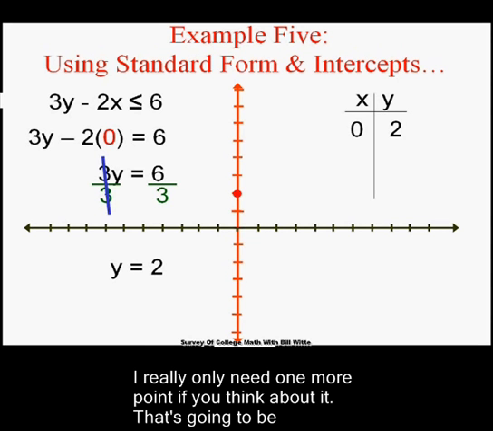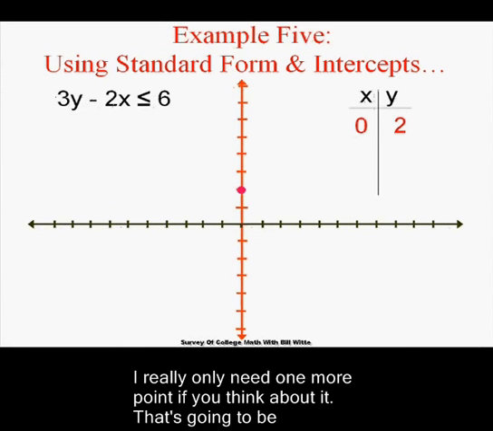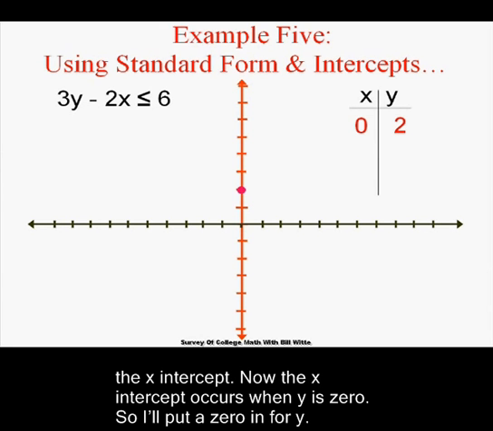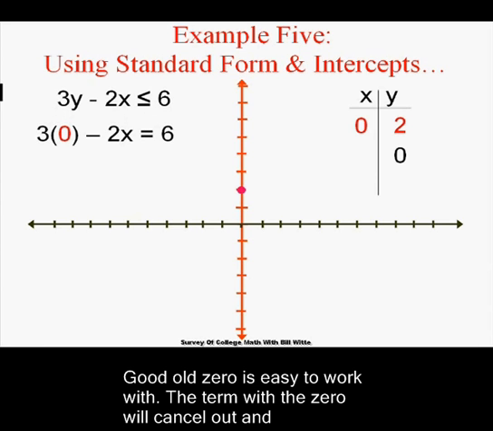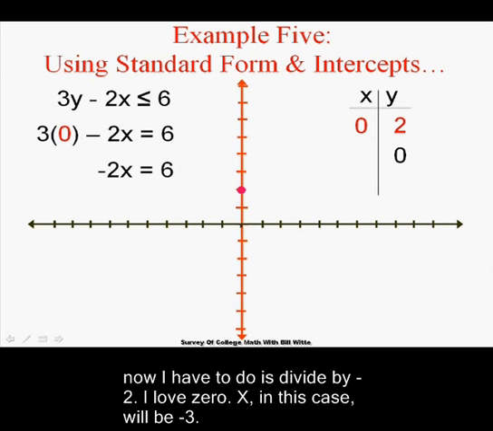I really only need one more point if you think about it, and that's going to be the x-intercept. Now the x-intercept occurs when y is 0. So I'll put a 0 in for y. Good old 0 is easy to work with. The term with the 0 will cancel out, and now all I have to do is divide by -2.